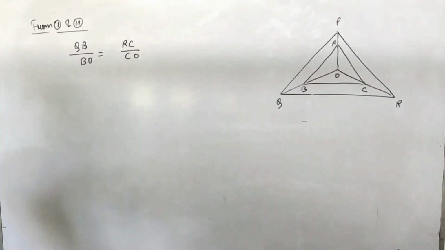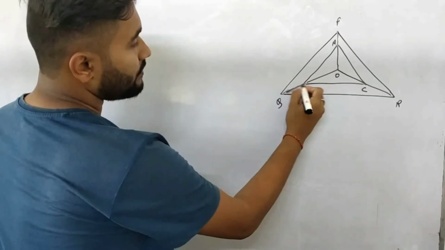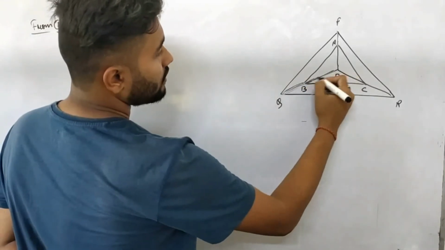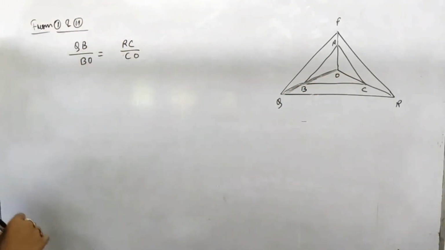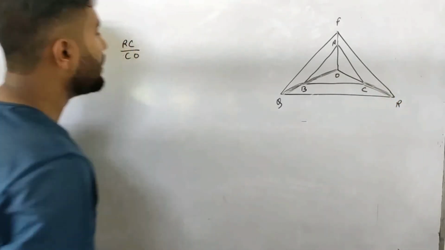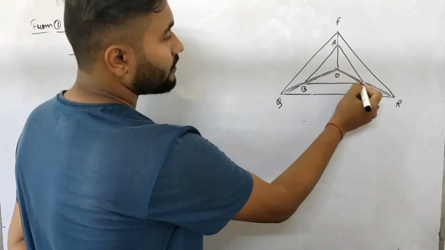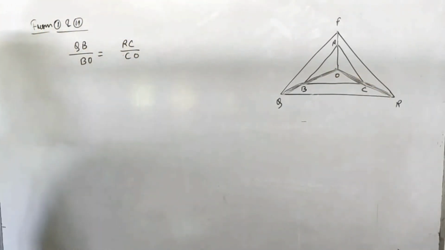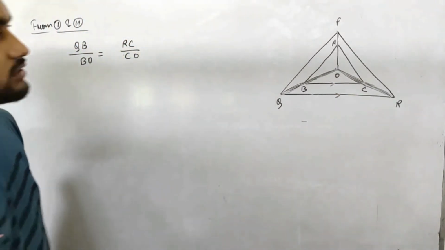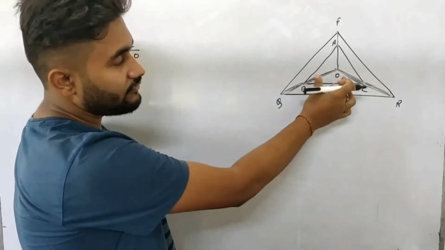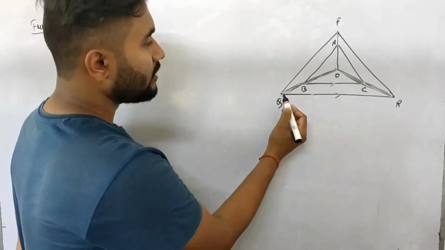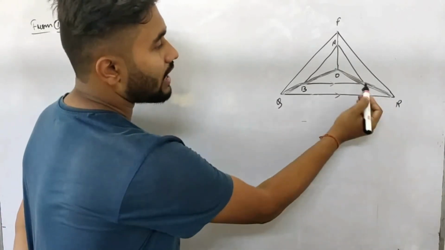You see, QB by BO, and RC by CO. If this is proportional, then we will get BC parallel to QR. Because in this triangle QOR, if BC was parallel to QR, then by basic proportionality theorem we will get QB by BO equal to RC by CO.